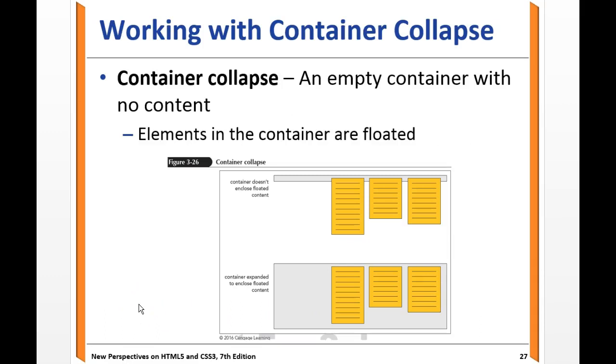The next thing that we are going to talk about is working with container collapse. As we talked about, a floated element is taken out of the document flow, so it's no longer part of the element that contains it. Therefore, it's floating free of its container. When every element in the container is floated, there's no content left.